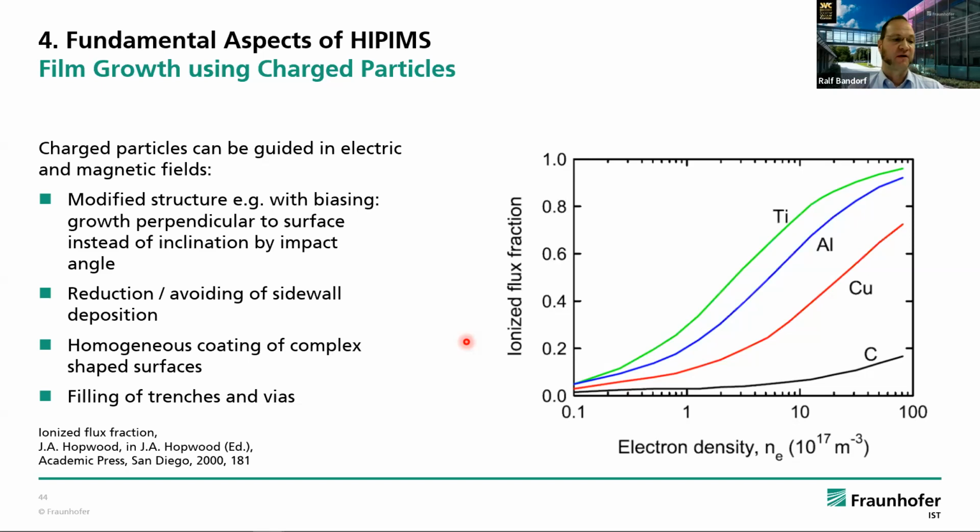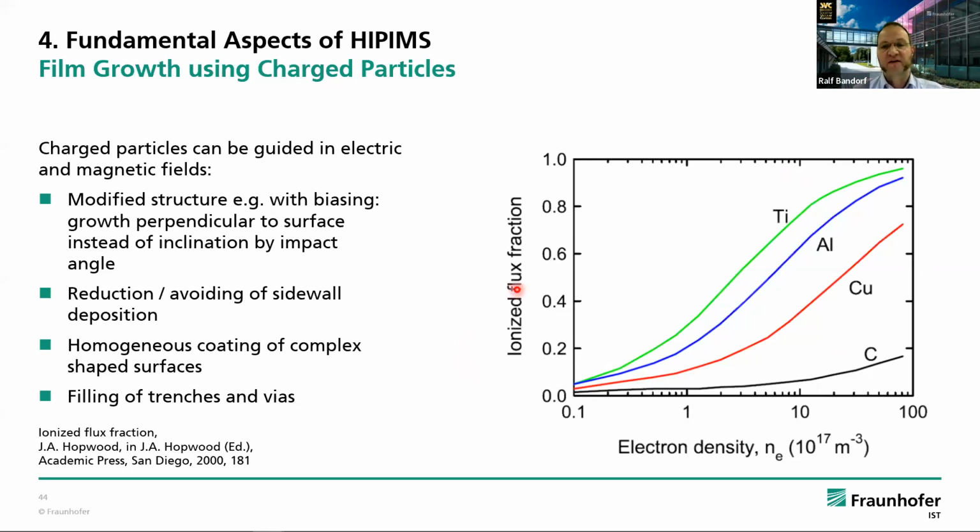We had nice results, and there are some papers available where you can see that if you grow under a tilted angle, then keeping this tilted angle but increasing the ion flux or ionization of the process, you will lift your growth direction. And if you have some columns, you will end up growing a film perpendicular to your substrate.